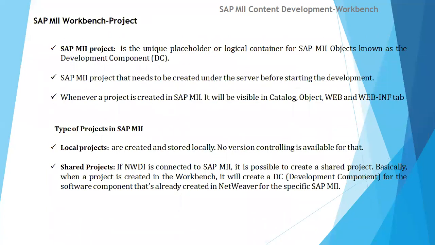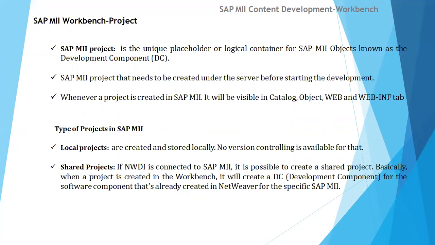Now I'm coming to how many types of projects we can create in SAP MII. We can create only two types of projects in MII: one is the local project and one is the shared project. Local projects are created and stored locally, and no version control is available for them.